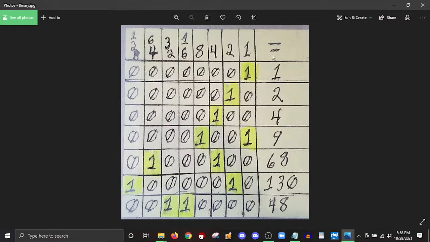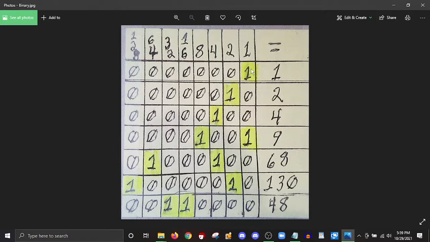Okay, so if we're looking at a byte of data, and the first bit on the right is set to a 1, which is also known as on, I'll explain that in a little bit here, and all the other bits to the left are set to 0, which is also known as off, that makes that entire byte of data worth 1. You only count the bits that are set to a 1.